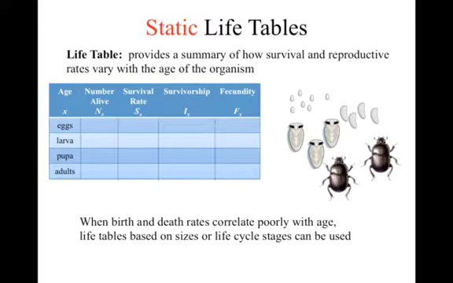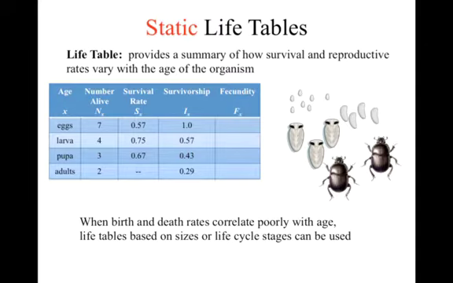So here I'm looking at an insect, and I have different life cycle stages. We talked about this a little bit when we talked about life histories and how a lot of insects go through different stages. So here we have eggs, larvae, pupa, and adults. And I can count them up. I have 7 eggs, 4 larvae, 3 pupa, and 2 adults.